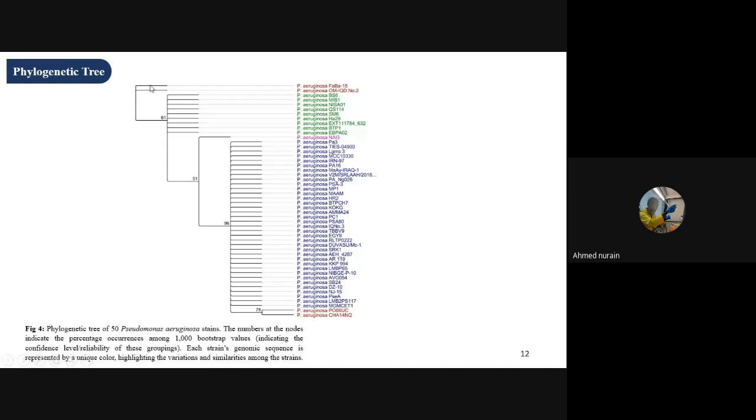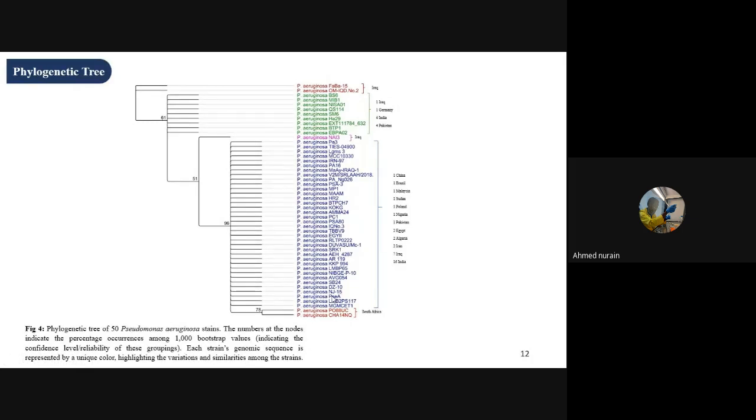As we can see, the first two are actually from Iraq, while the others are from Germany, India, Pakistan, China, Nigeria, and others. So the last two strains here, which are the PO88UC strain and the CHA14NQ strain, are positioned on a separate branch, indicating a unique genetic makeup that may result from distinct evolutionary pressure or geographical isolation.